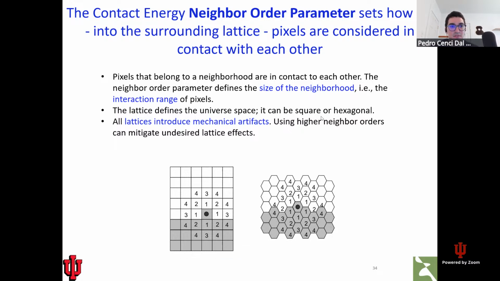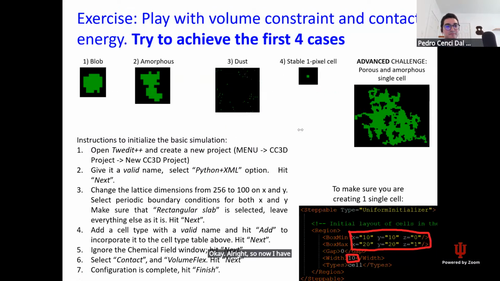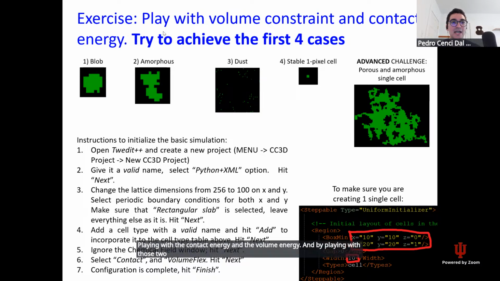Okay. All right. So now I have an exercise. The idea here is playing with those two energies, the contact energy and the volume energy. And by playing with those two, I want you to achieve these four cases. First, a blob, a normal cell.